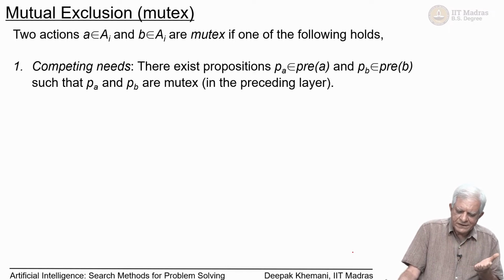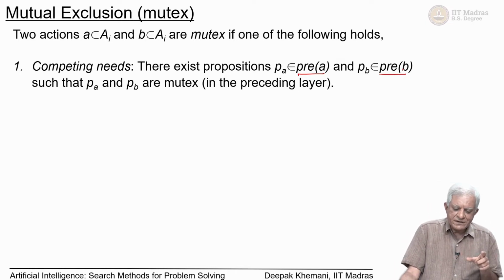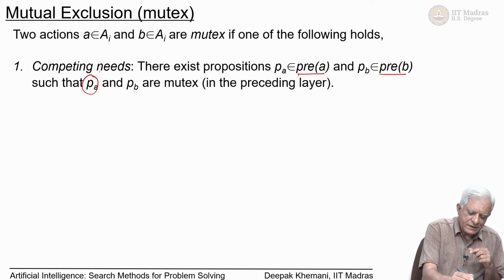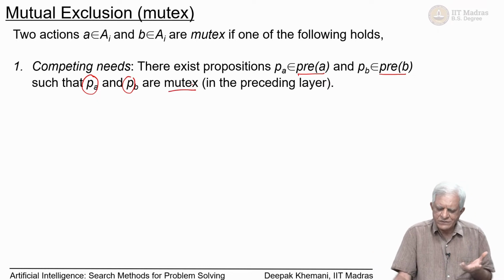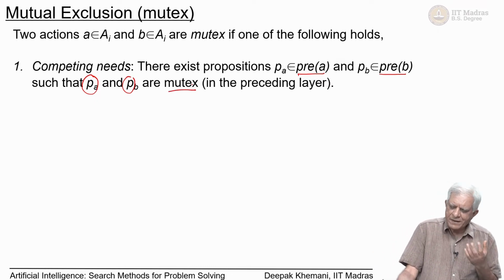The first condition is competing needs. For example, there exists a proposition PA which is the precondition of A, and there is another proposition PB which is the precondition of B, such that the two propositions PA and PB are mutex. We will define what it means for propositions to be mutex. Basically they cannot be true at the same time.